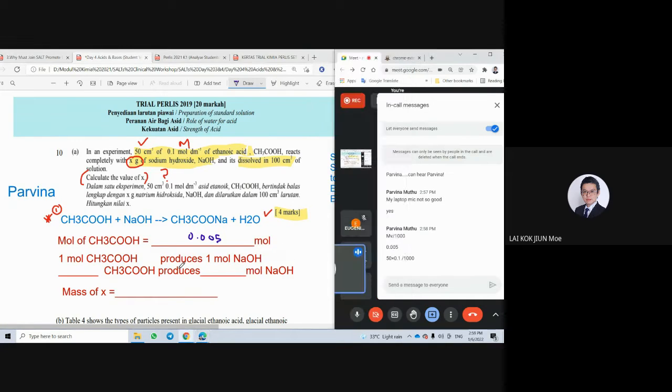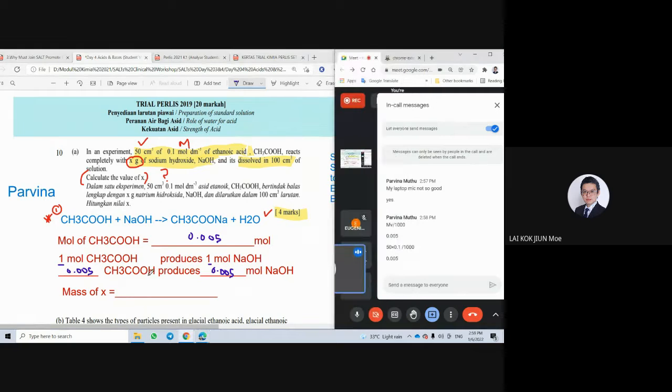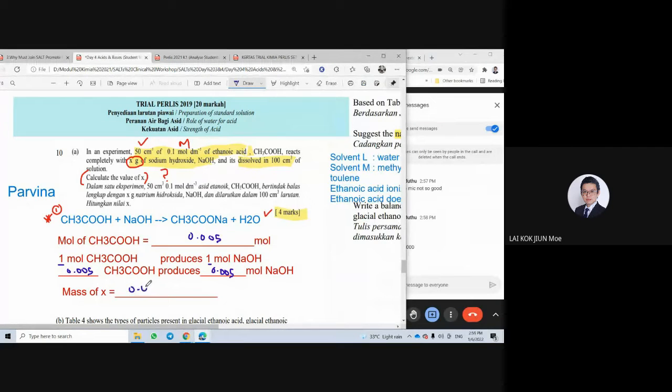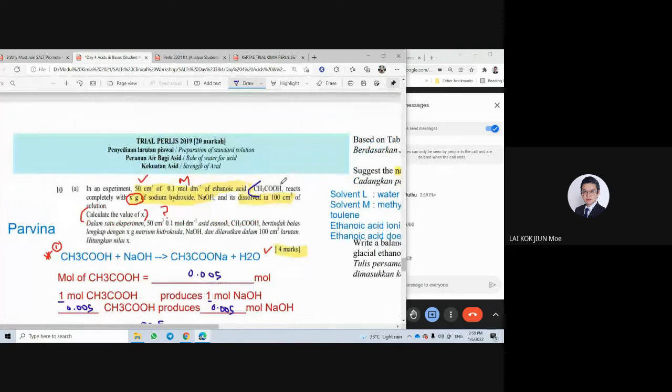Okay, so comparison. 1 mole produces so much. How about this mole? 0.005, same. So the mass will be 0.05 times how many? Times the molar mass. You have to follow the periodic table information here.